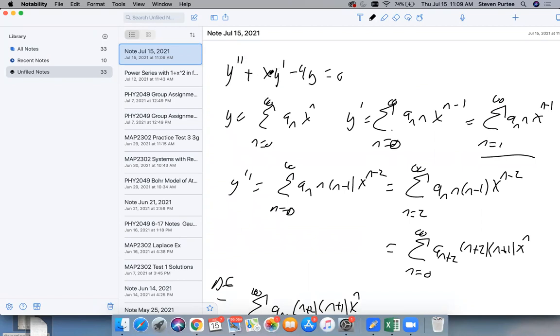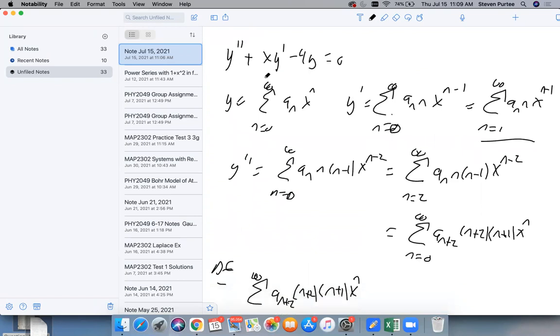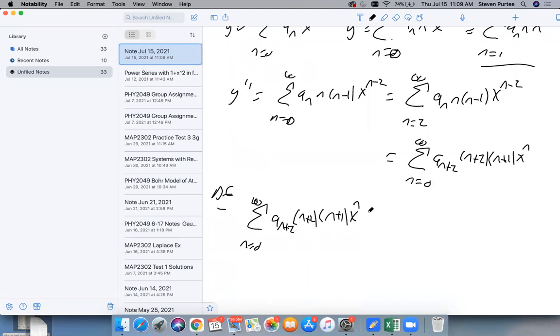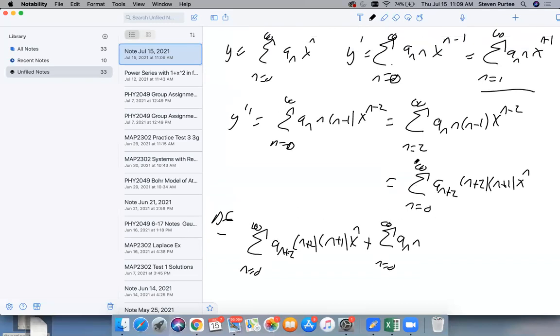So I'm going to go ahead and do that. I'm going to take this x and distribute it across the sum. I'm allowed to do that because this sum is absolutely convergent. That's our assumption. So x to the n minus 1 times another x will give me an x to the n. I have the n right there.